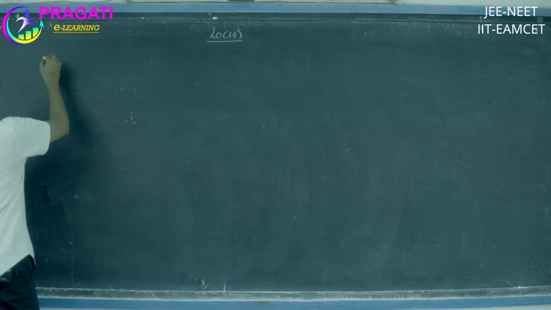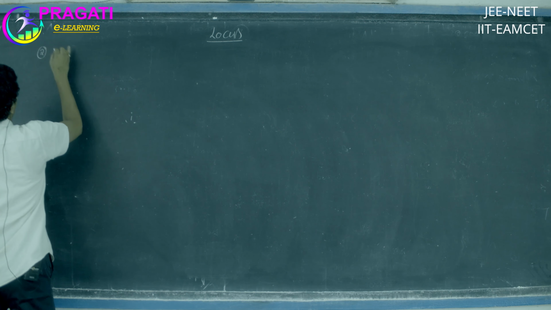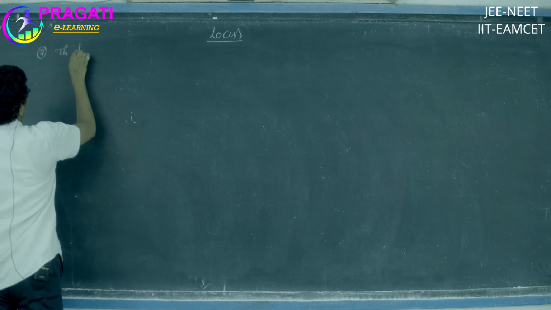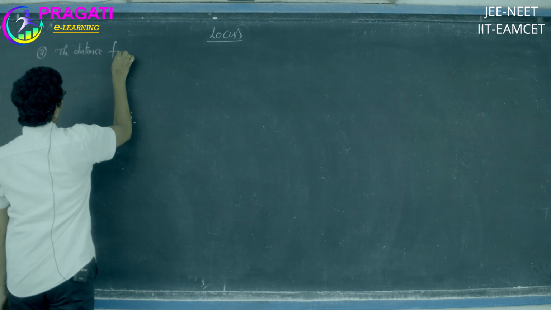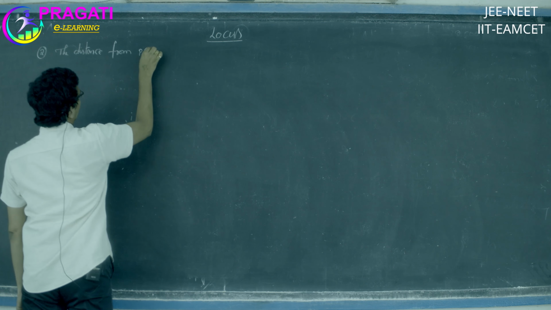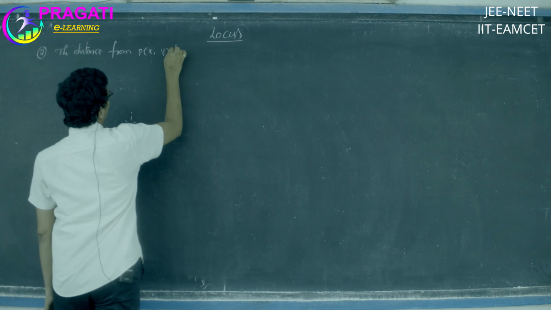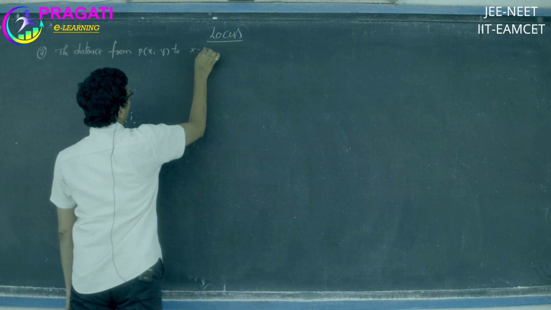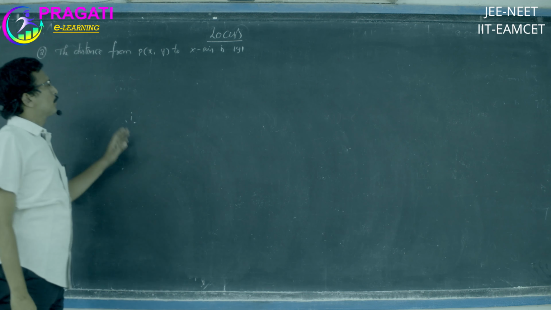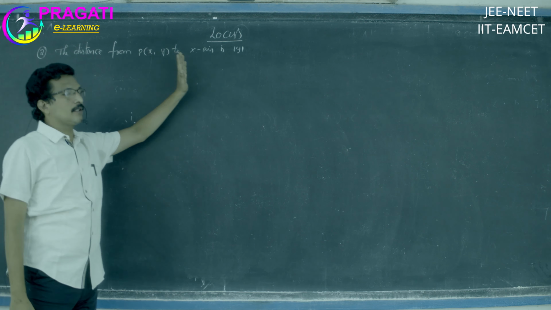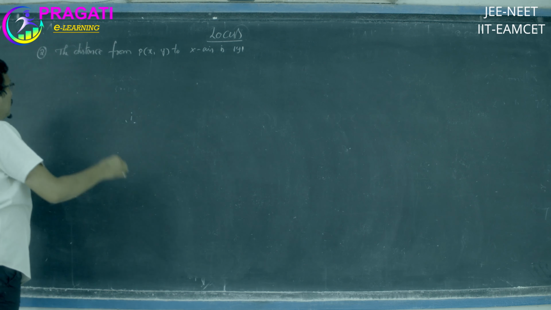The second point is the distance from P (x, y) to x axis is mod y. The distance from P to x axis is mod y.